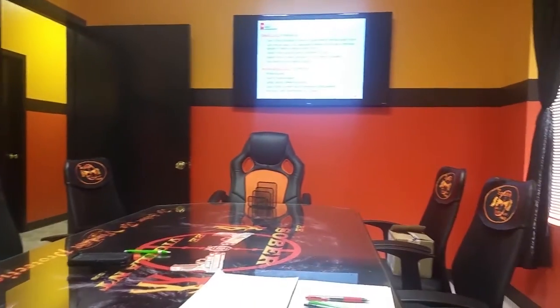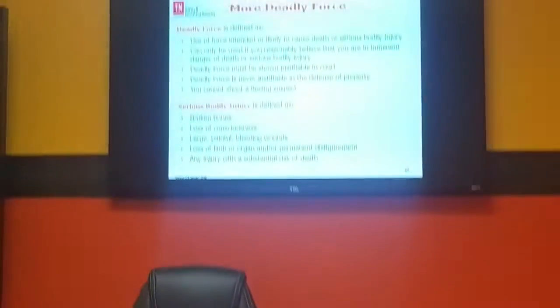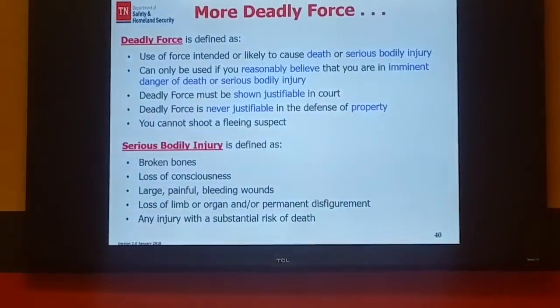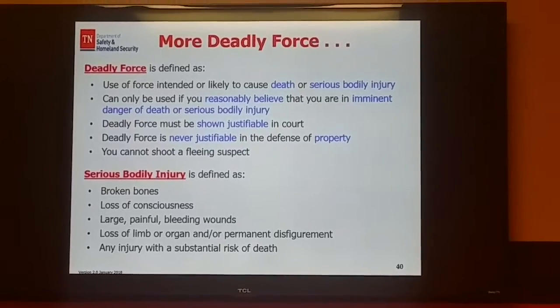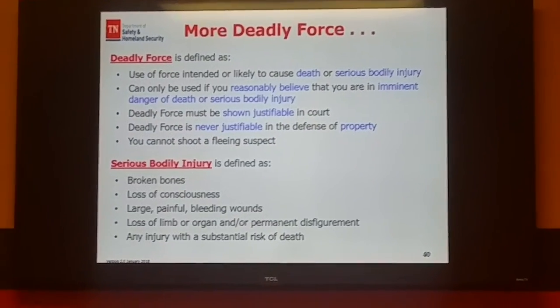So let's look at this definition on the use of deadly force. These are all the things that you have to process before you can draw your weapon and use it. Being an armed security guard, you have to know the law, your rights, and the perpetrator's rights. Believe it or not, the perpetrator has rights as well.